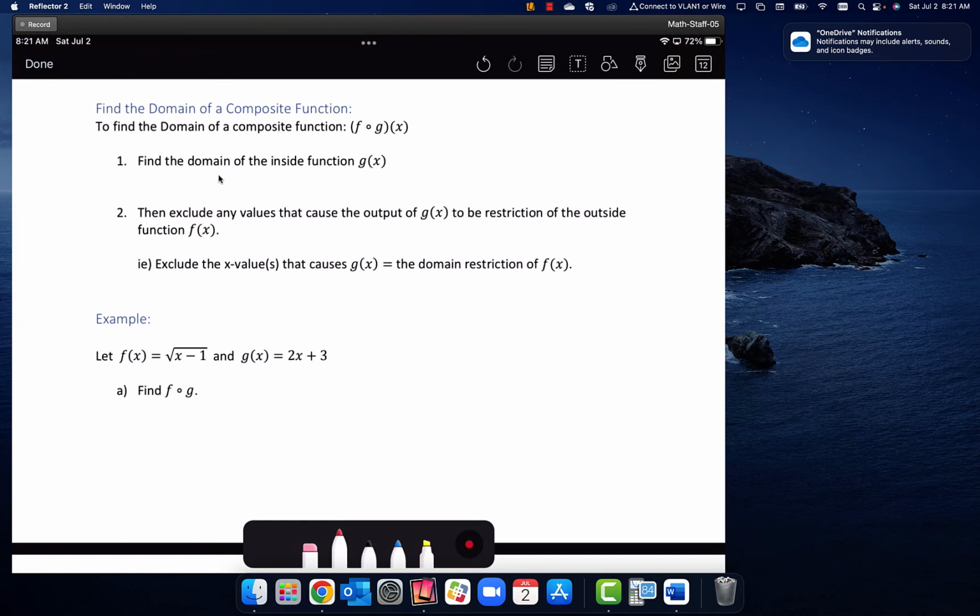We want to exclude the x values that cause g to equal the domain restriction of f. Essentially, you want to look at the overall domain restrictions like we've always done, and then look at the domain restrictions of the input function as well.